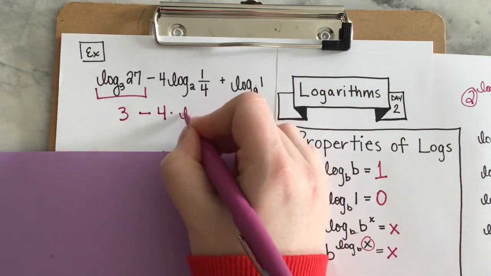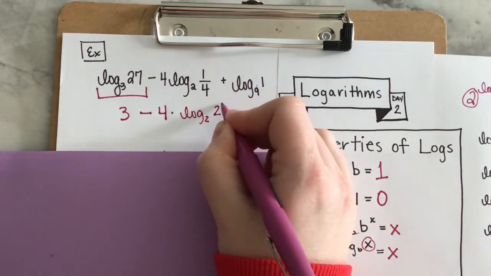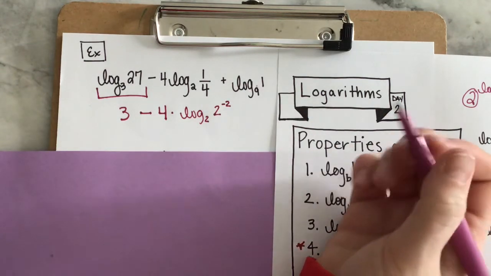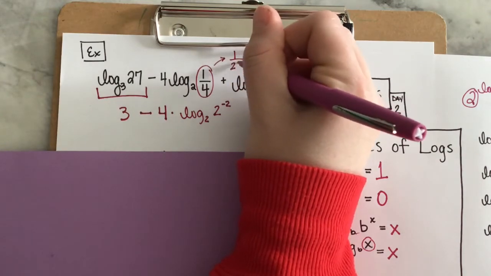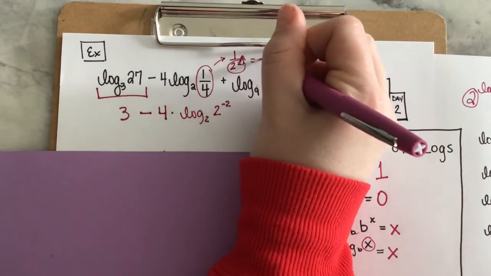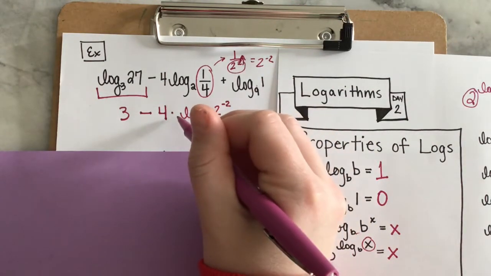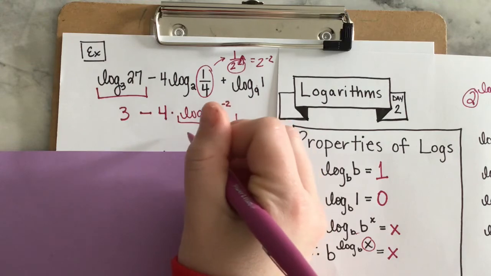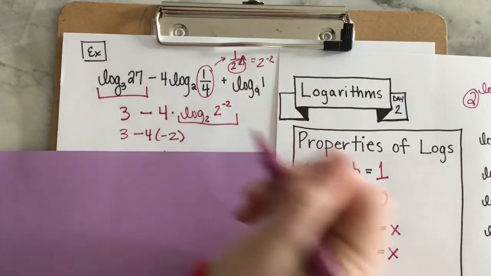Yeah, this could become log base 2 of 2 to the negative 2, because 1/4 is 1 over 2 squared, and if I move it up, it becomes 2 to the negative 2. So this then follows this third property so that the entire thing is going to equal negative 2. So I have 3 minus 4 times negative 2.